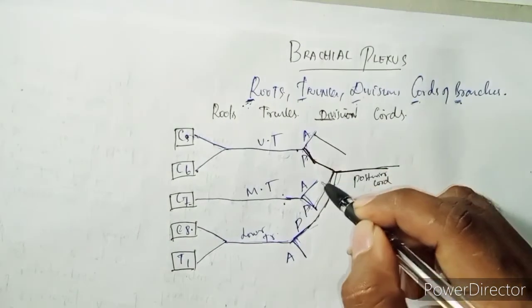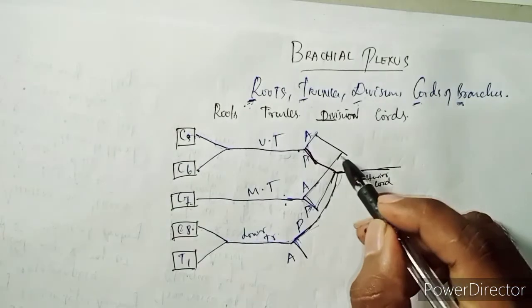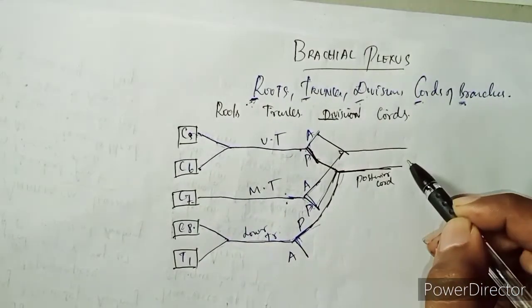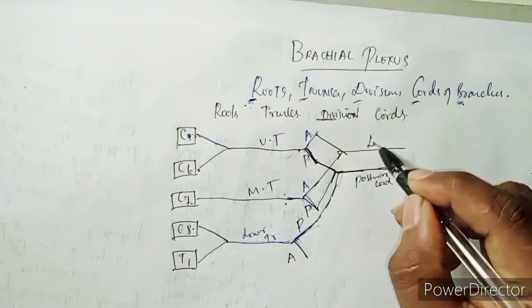And the anterior division of the upper trunk and the anterior division of the middle trunk unite to form the lateral cord.